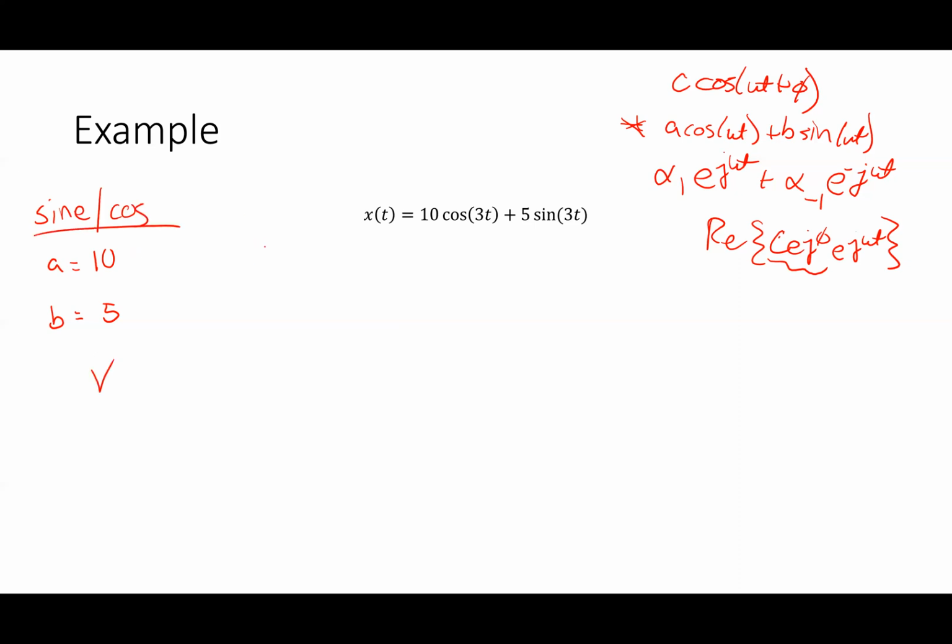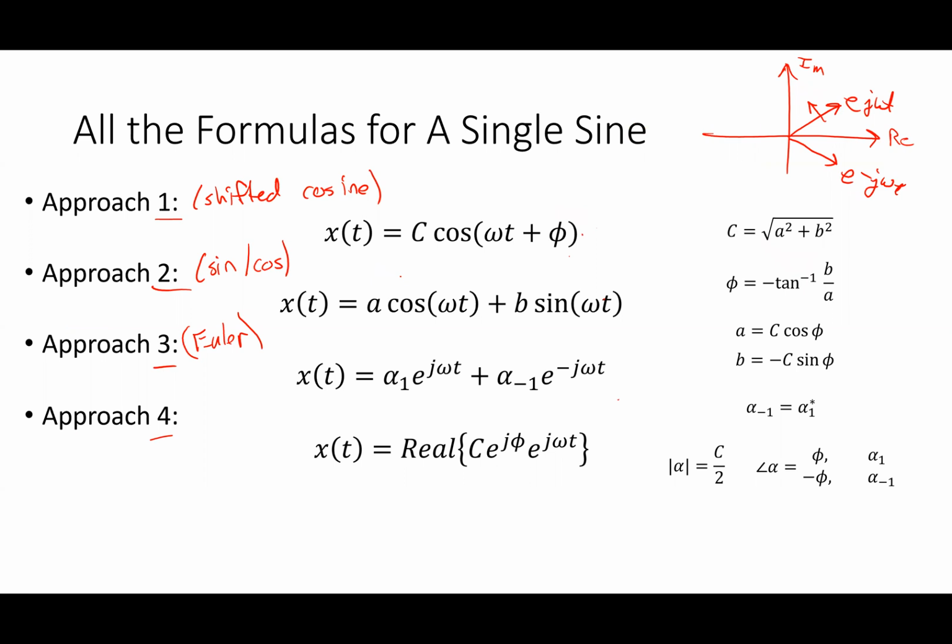Now I want to do the shifted cosine. How do I relate those? Well, if I go back through my trig identity, I had the relationships right here. If I know A and I know B, I can use these two formulas to relate everything.